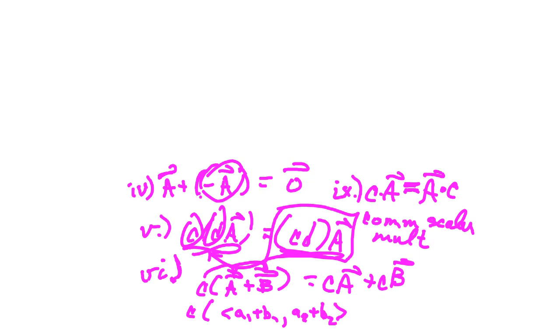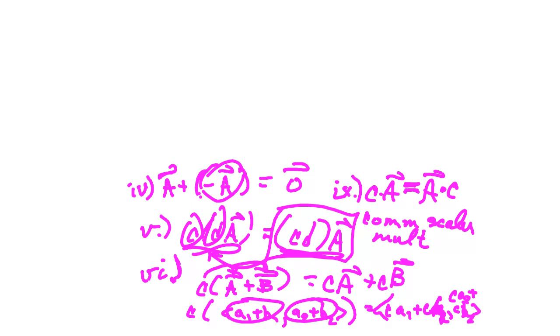And if I take C times that vector, I'm just going to multiply each part times C, which is CA1 plus CB1 for the first one, and then CA2 plus CB2, because of the distributive law of real number multiplication over real number addition.